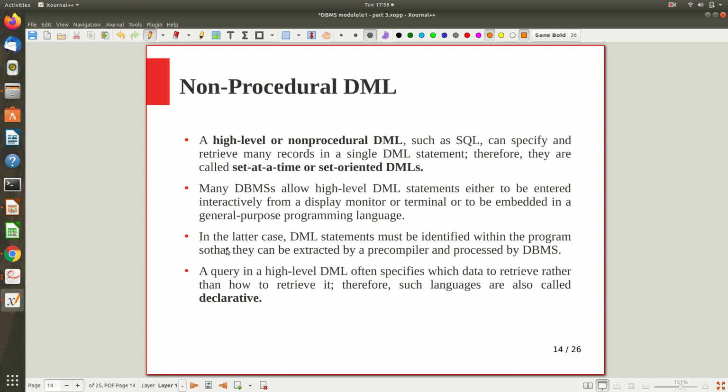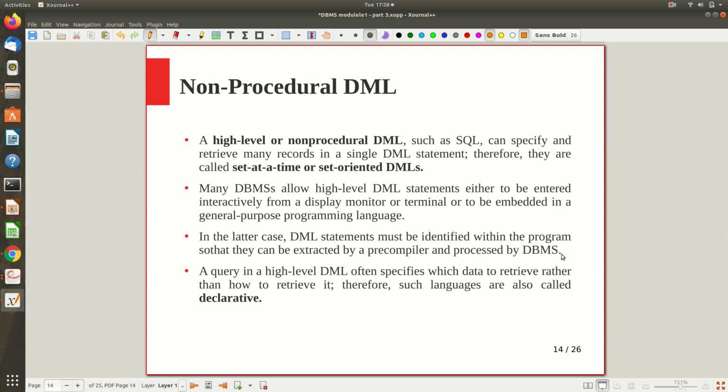These statements can be entered interactively from a display monitor or terminal in a direct way, or they can be embedded in a general purpose programming language. In the latter case, the DML statements must be identified within the program so that they can be extracted by a pre-compiler and processed by the DBMS.